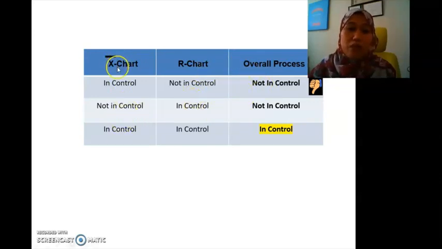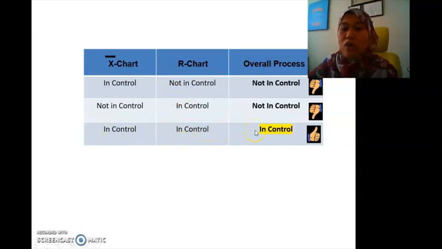What if the X bar chart is not in control and the R chart is in control? The overall process is still considered not in control. What we are looking for is that both the X bar chart and the R chart must be in control, so that we can conclude that the overall process is in control and in a good condition. So the X bar chart needs to be read together with the R chart, so we can make the conclusion for the overall process. Okay, thank you.